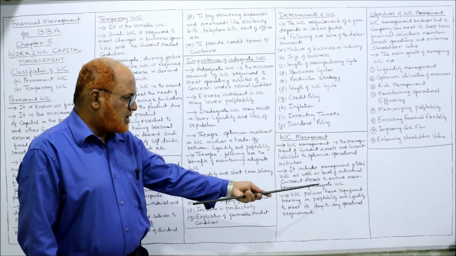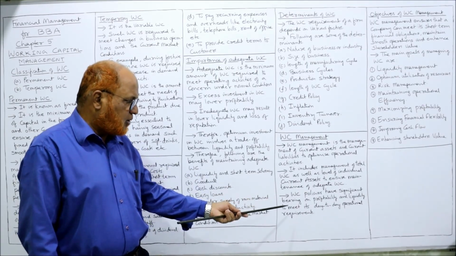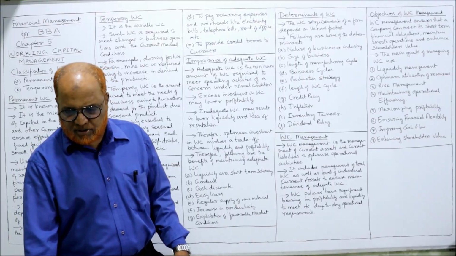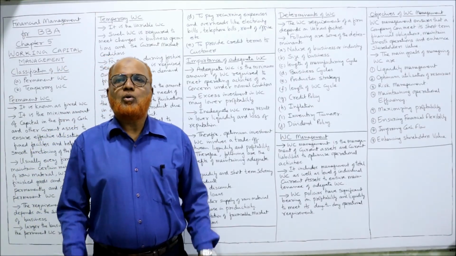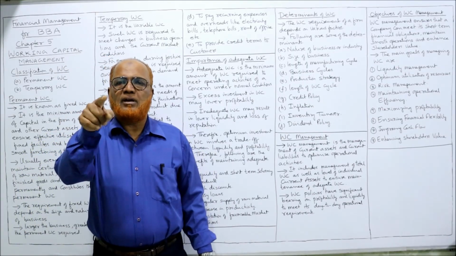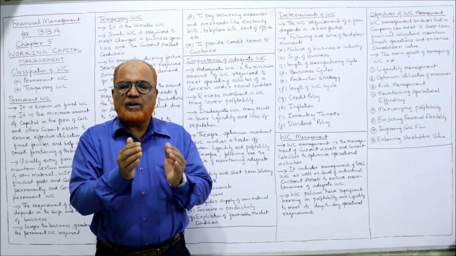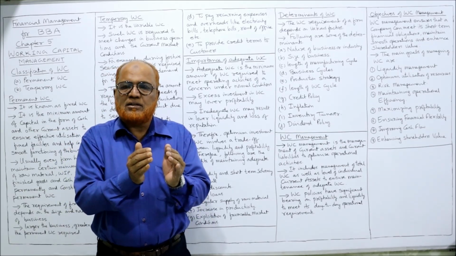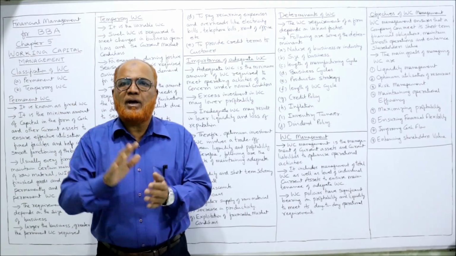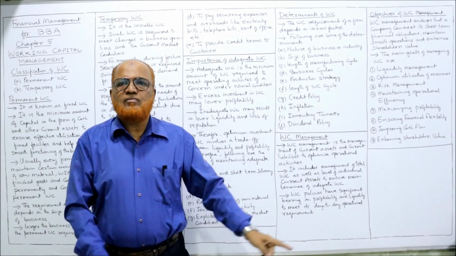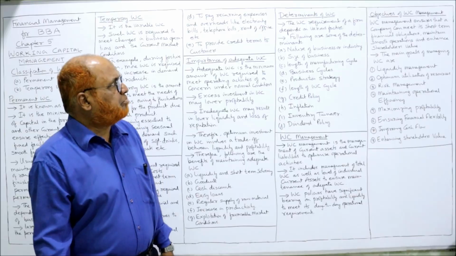Working capital policies have significant bearing on profitability and liquidity to meet day-to-day operational requirements. It is necessary to make a balance between profitability and liquidity. Profitability should not get affected and the liquidity position should be maintained. For that purpose, we require working capital management.